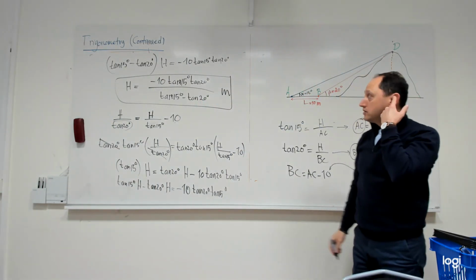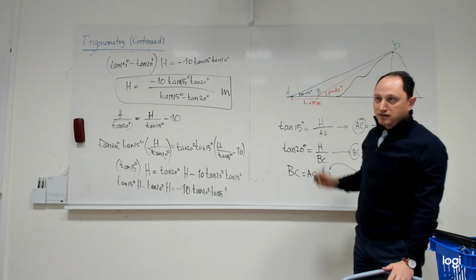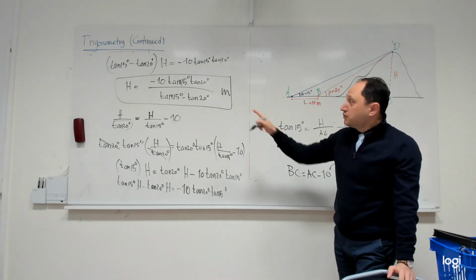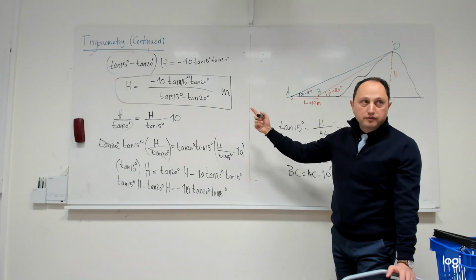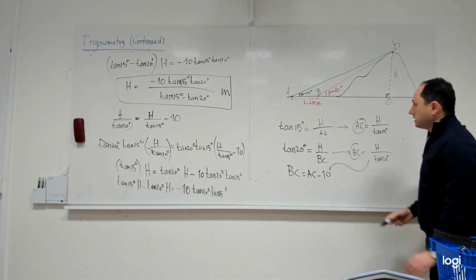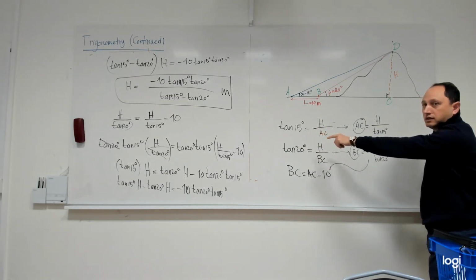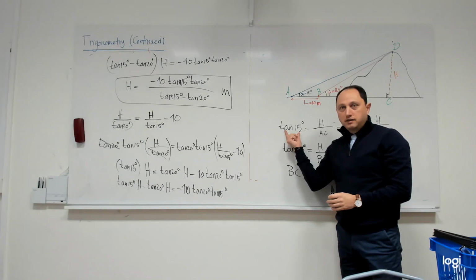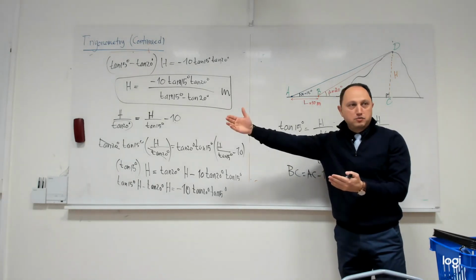Yes? But this number might not be very useful if you want to do some practical things. So you need to put this in the calculator. And this is one of those cases I really want you to be able to do the algebra first. I have seen students put tangent of 15 right in the beginning. That's no problem, of course, but you make some error when you write tangent of 15, because tangent of 15 has infinitely many decimal places.